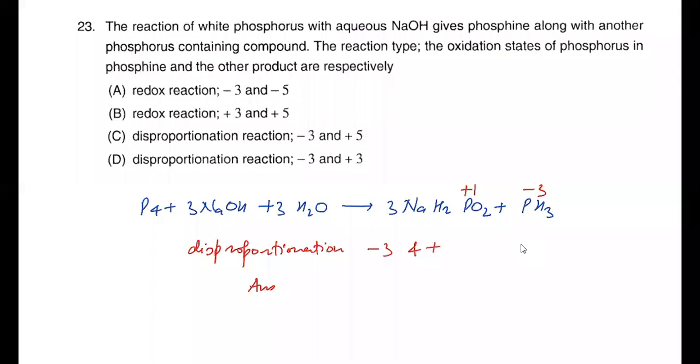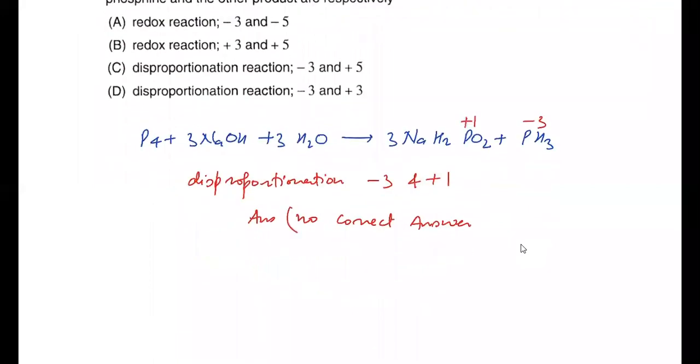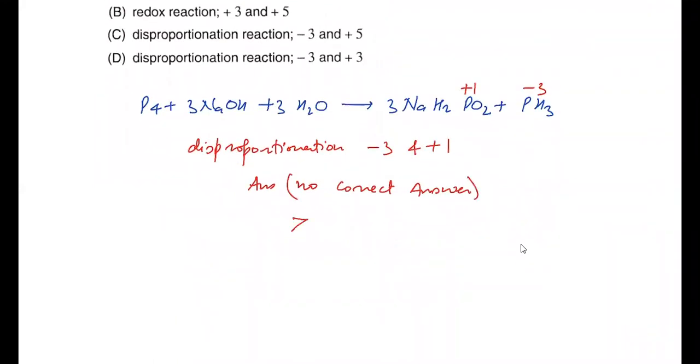So in any of the options it was not given. That's why this was a bonus question for the paper in which 0 marks were awarded to everyone, whether you have marked the answer or not. So as per this given question, there is no correct answer. IIT made a judgment for this, 0 marks to all.